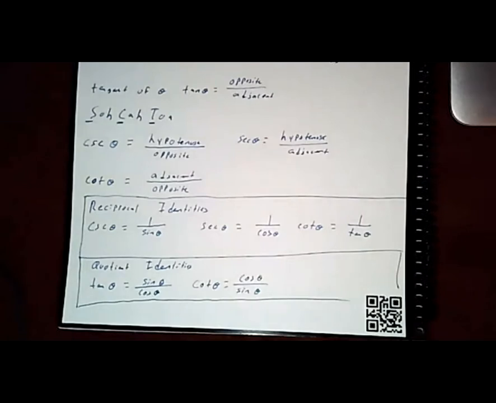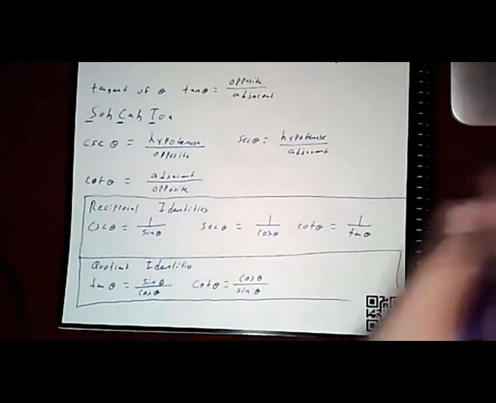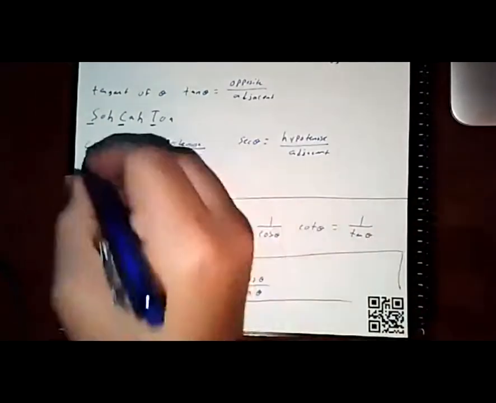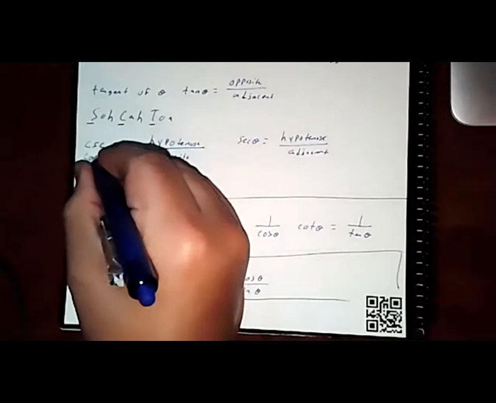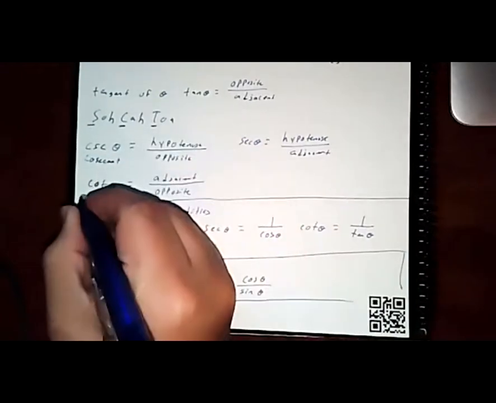And real quick, what does COT theta stand for? Cotangent of theta. Oh, cotangent. Okay. Yeah, so if I write, this is cosecant. This is cotangent.